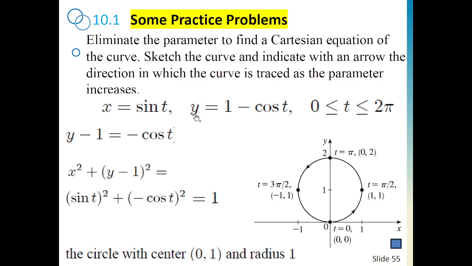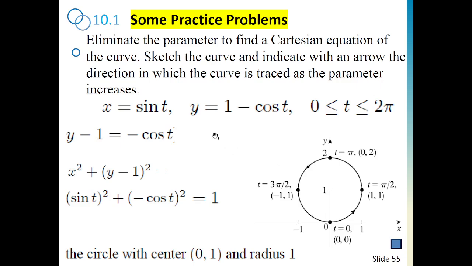Cosine is equal to 1 minus y. So now we can square those two expressions. So we'll get this expression here. So we have a circle, radius 1, center x0, y1. So this is a center, radius is 1.